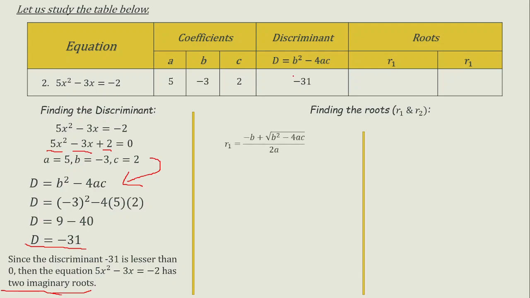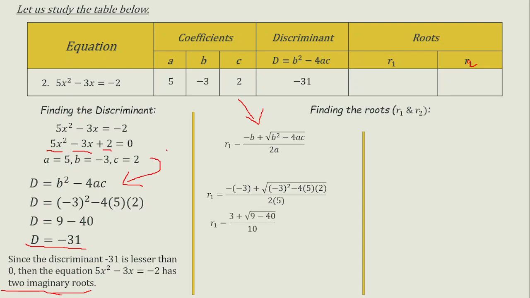So to find the r1, the same formula from the last example, r1 is equals to negative b plus the square root of b squared minus 4ac divided by 2a. Substitute the values of a, b, and c to the formula. So r1 is equals to negative times negative 3 plus the square root of negative 3 squared minus 4 times 5 times 2 divided by 2 times 5.